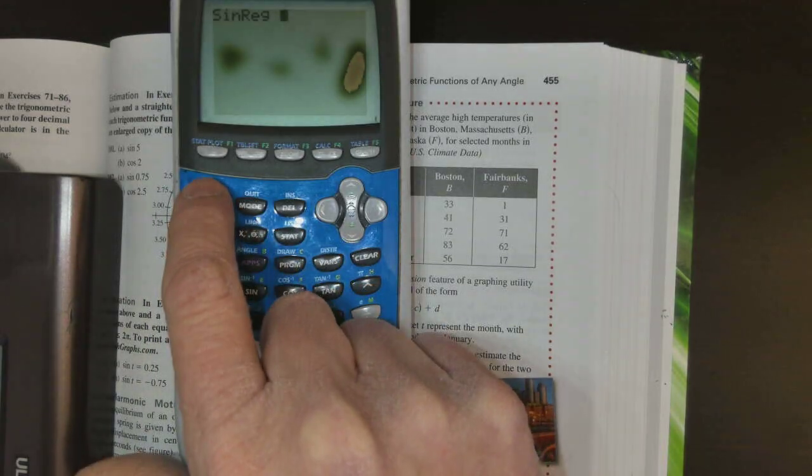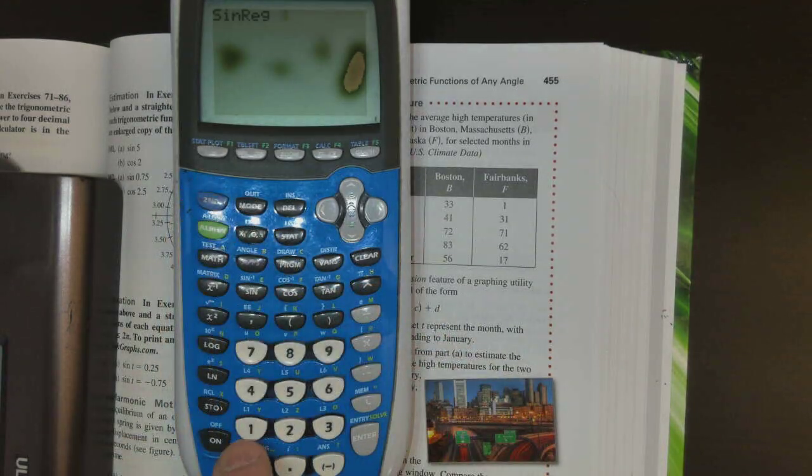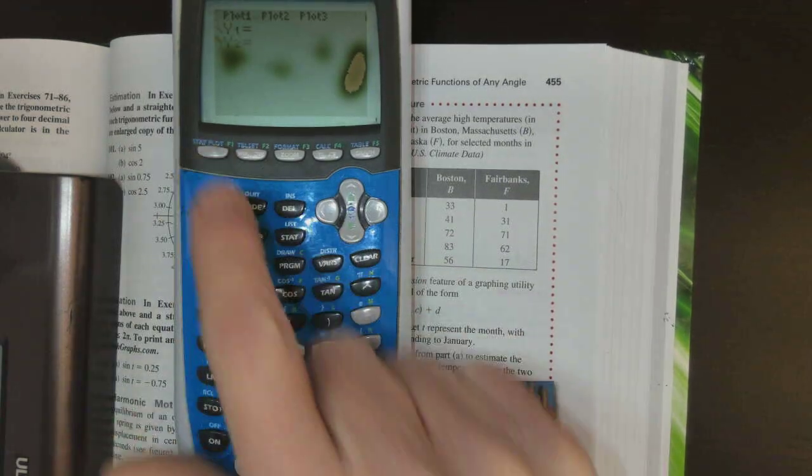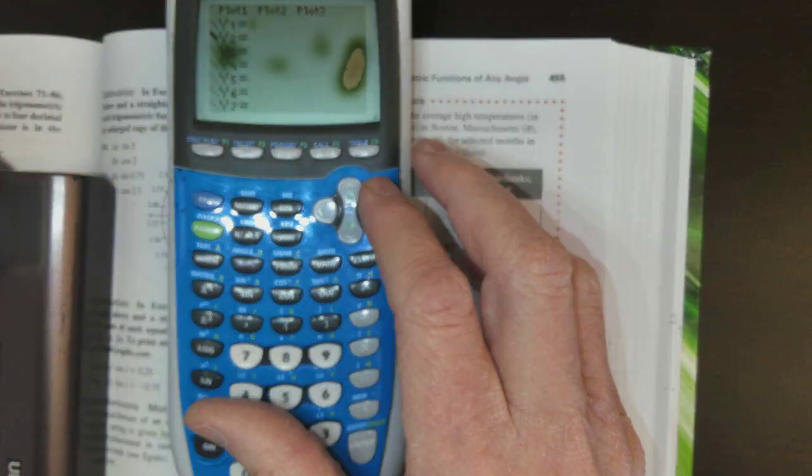So I'm going to hit sine reg, and I have it in L1 and L2, but if you look, if I hit second and then 1, that blue symbol, it says L1. So second, whoops, I hit the wrong thing. Let me quit. Okay, sine reg, and then second, L1, and then the comma, which is the key above the 7.